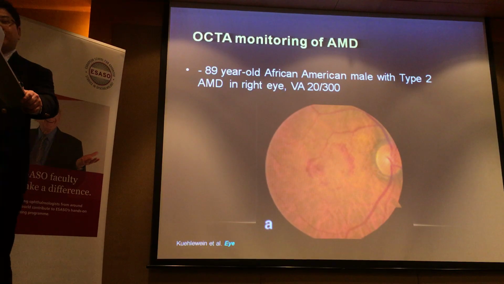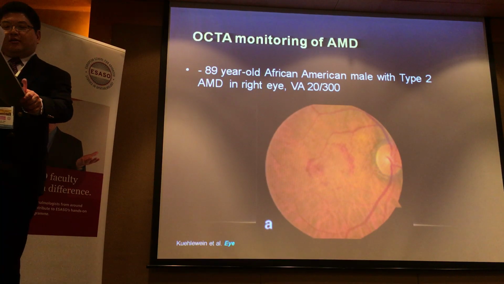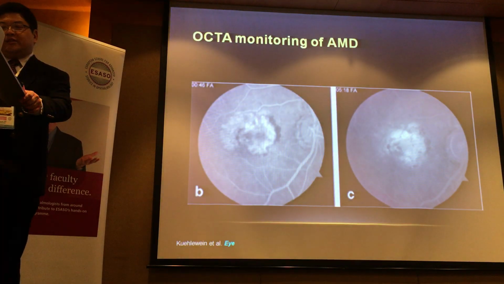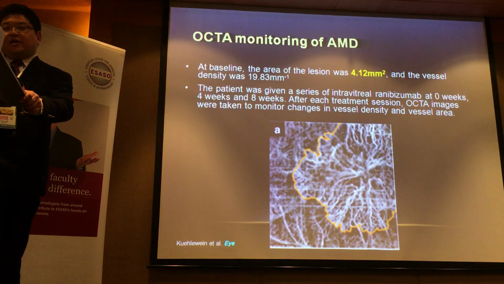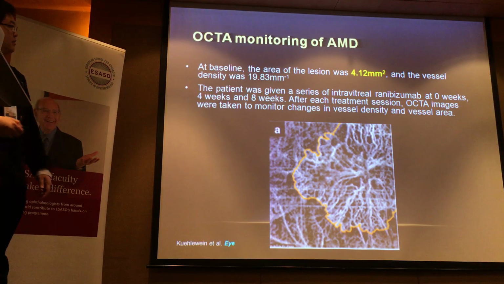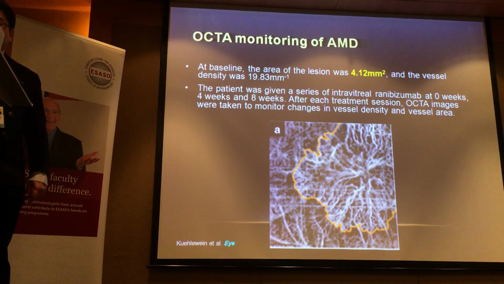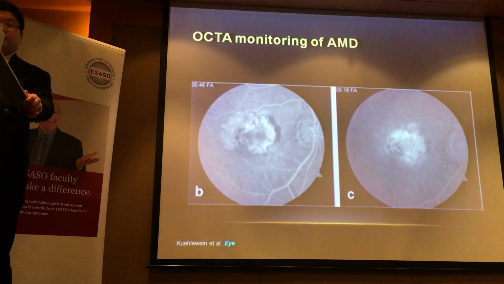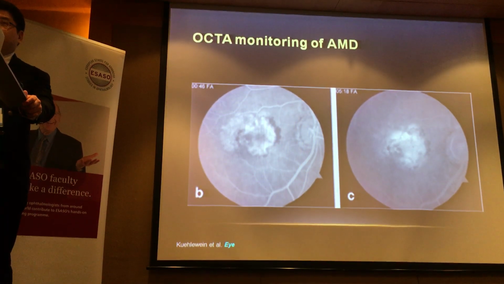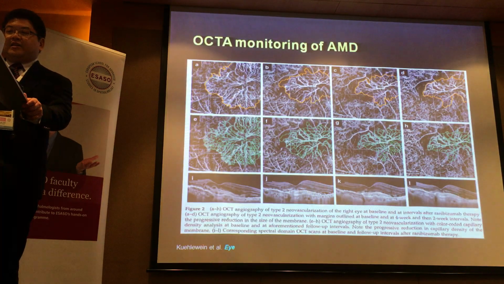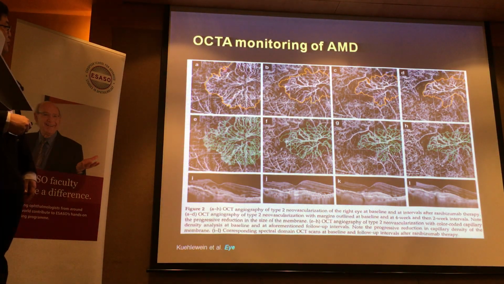It can be used for monitoring as well. So this is a patient reported with type 2 AMD. You can see this on the conventional angiograms, and you can see very clearly the patterns. This is of the CNV lesion on the OCT angiogram, which is nowhere near as clear on the fluorescein. Right, so you see this, and they used it to monitor over the course of treatment.